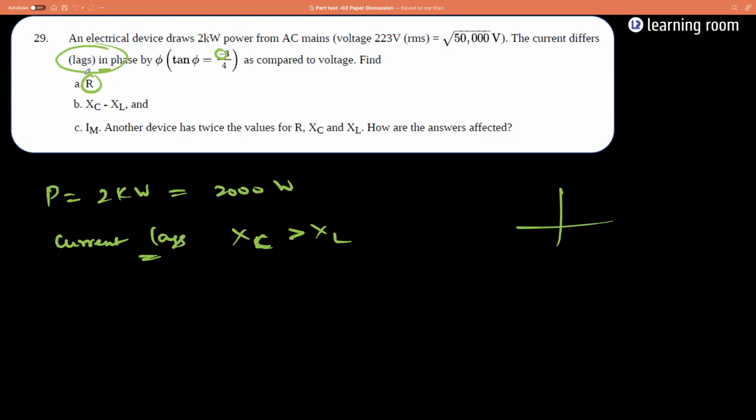Yes, sir. So what is the value of resistance here? How do we find the resistance? So power is given, right? So when power is given, how will you calculate the resistance?